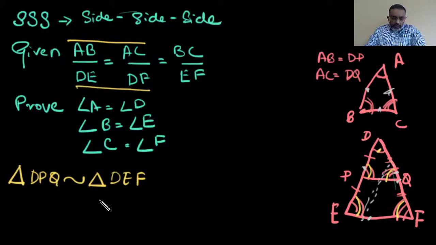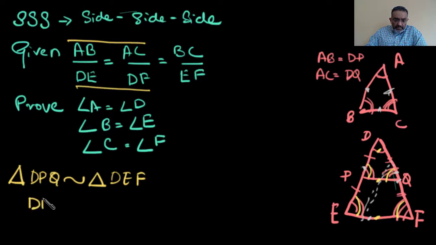Okay, I had to clean up the board to create some space, but what we said was this triangle DPQ is similar to DEF based on the fact that this line is parallel, and therefore these angles are the same. Now from this point, what we need to think about is the fact that the sides are proportional, including this base side. So let's write that down as an equation.